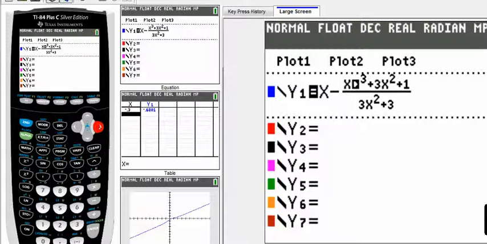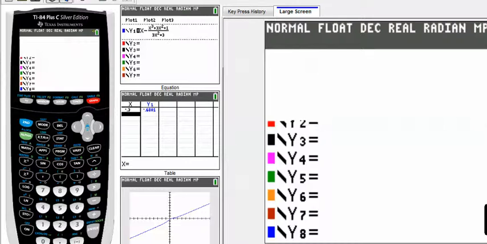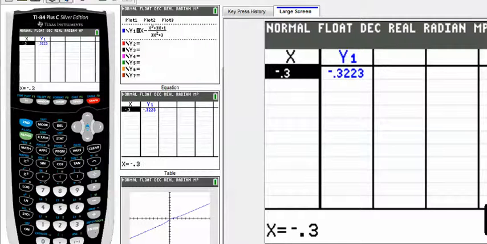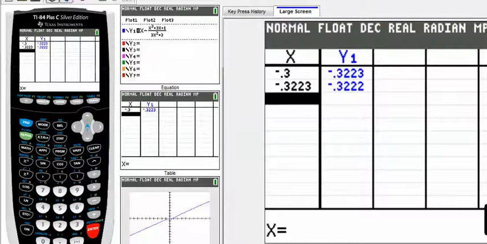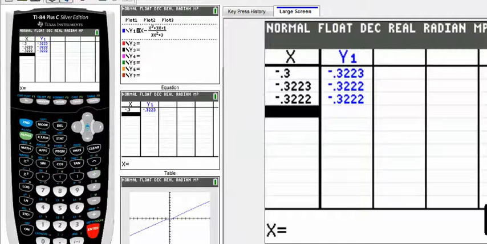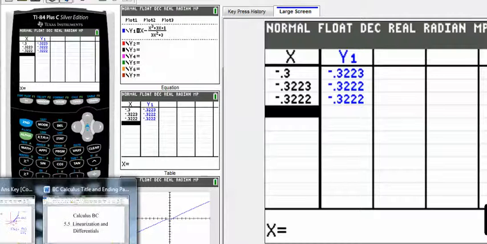Lots of room for mistakes here. Enter second table, which is annoying because it still has that thing there. But there it is. It says, looks like negative 0.3 is close, but not quite. Negative 0.3223. That gives me negative 0.3222, negative 0.3222, and it gives me the same one out. So then I know that I've settled on an answer.